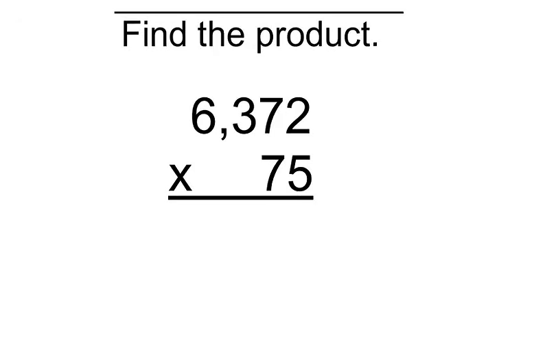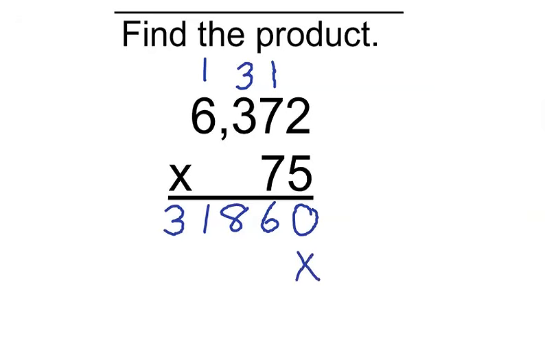Find the product. All right. So 5 times 2 is 10. Carry that. 7 times 5 is 35, plus 1 more is 36. 5 times 3 is 15, plus 3 more, 18. 5 times 6 is 30, plus 1 more is 31. All right, and then we have to put the little space provider there, or the space taker upper.